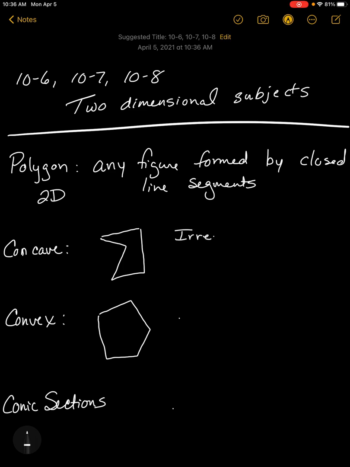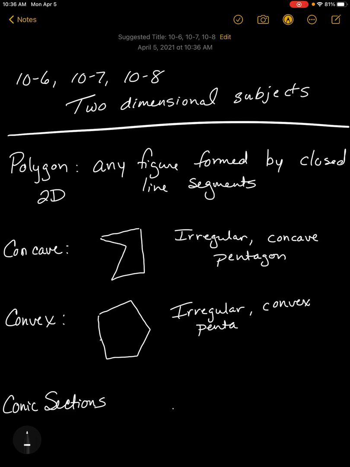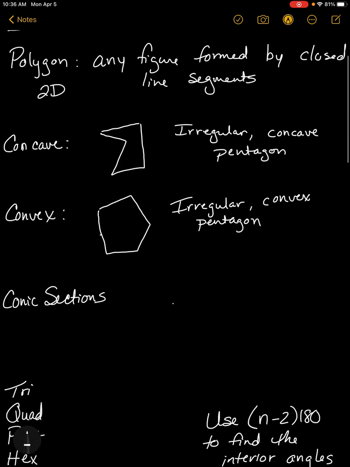This is an irregular concave pentagon because a pentagon has 5 sides. Okay, a convex, 1, 2, 3. This one is an irregular convex pentagon. So that's kind of the difference.